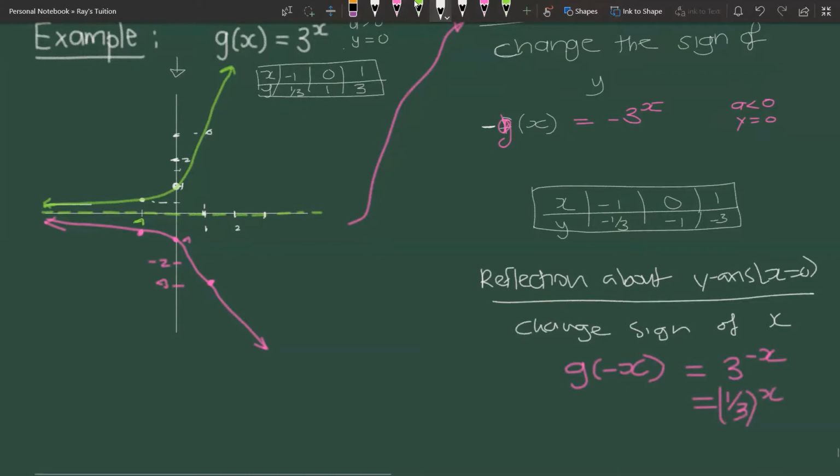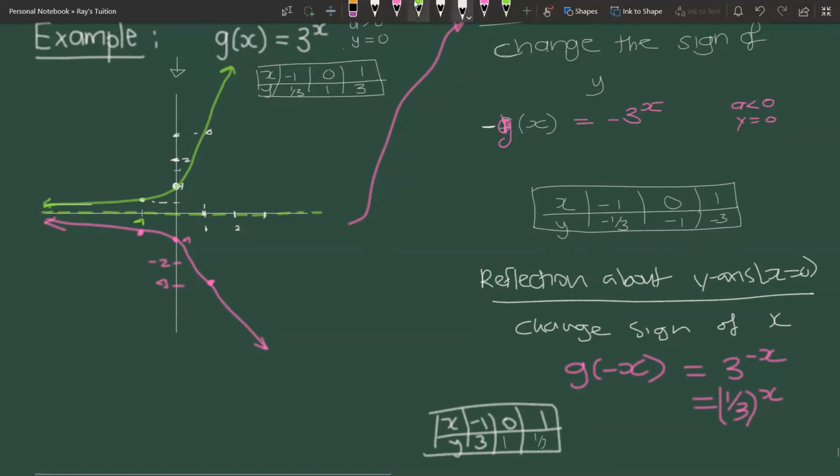So if we're plotting this graph, again, I like to take minus 1, 0, and 1. Now what we have is 3 to the power of minus minus 1, which is 3 to the power of 1, so that is actually 3. 3 to the power of 0 is 1. And 3 to the power of minus 1 is a third.